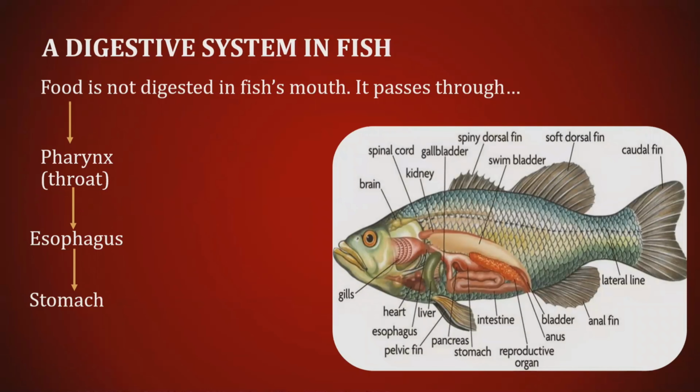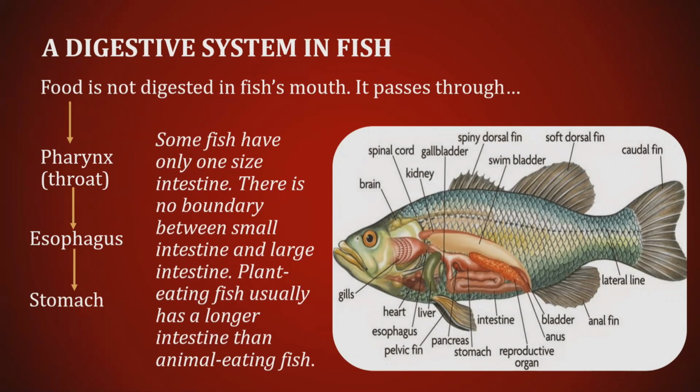Partial digestion occurs here using gastric juices, including acid and enzymes, and then the food proceeds to the intestine for more digestion and absorption into the blood. Some fish have only one size of intestine. There is no boundary between small intestine and large intestine. Plant-eating fish usually have a longer intestine than animal-eating fish.